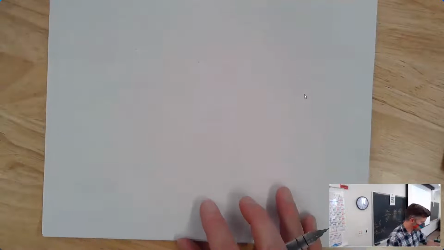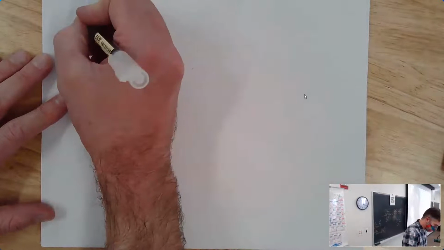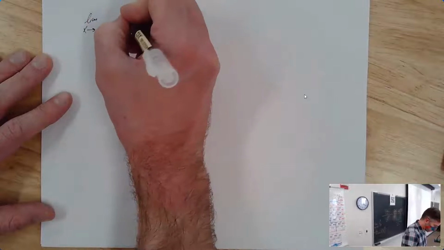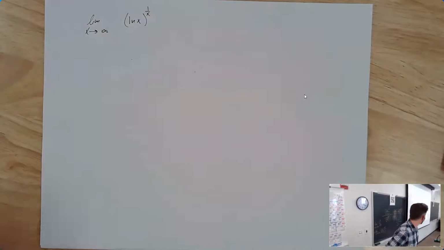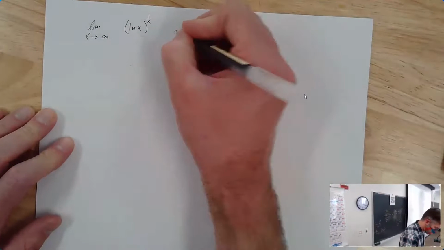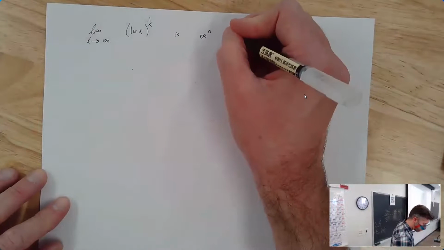So another indeterminate form is infinity to the 0. Like the limit as x goes to infinity of the natural log of x to the 1 over x power. That's definitely infinity to the 0 form.